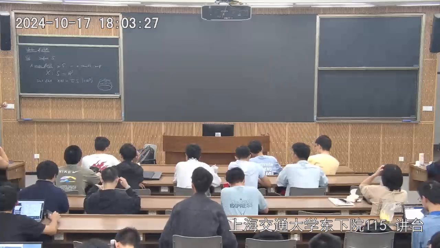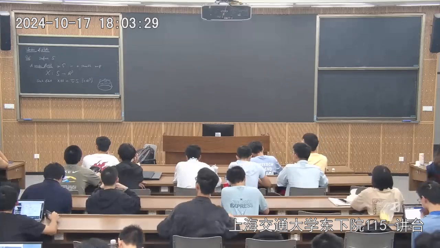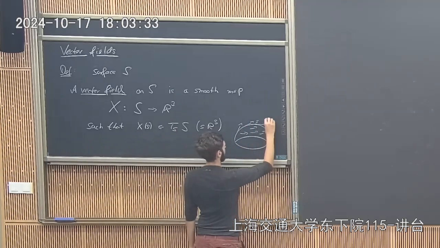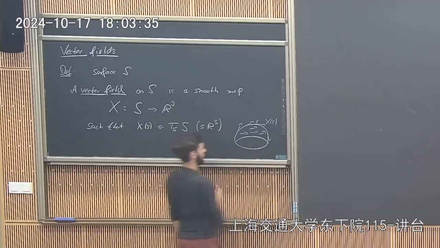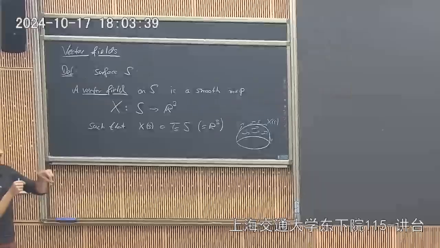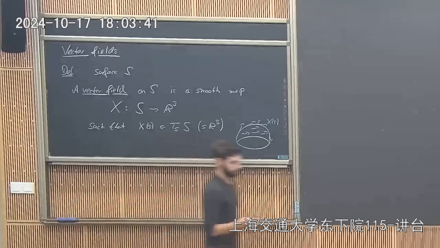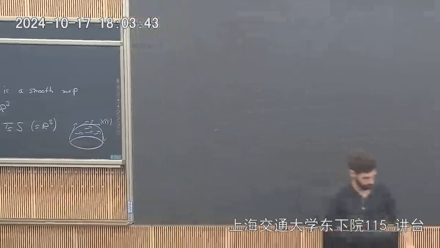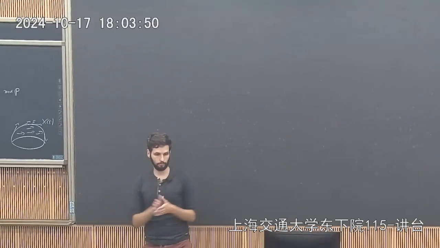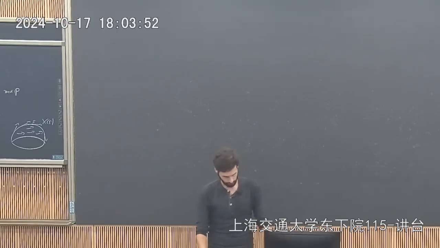Say that's the point s, and the vector associated to that point is X of s, and that's really a tangent vector at that point. So that's important. It's really smoothly varying vectors, and all of them are tangent to the surface at each point.